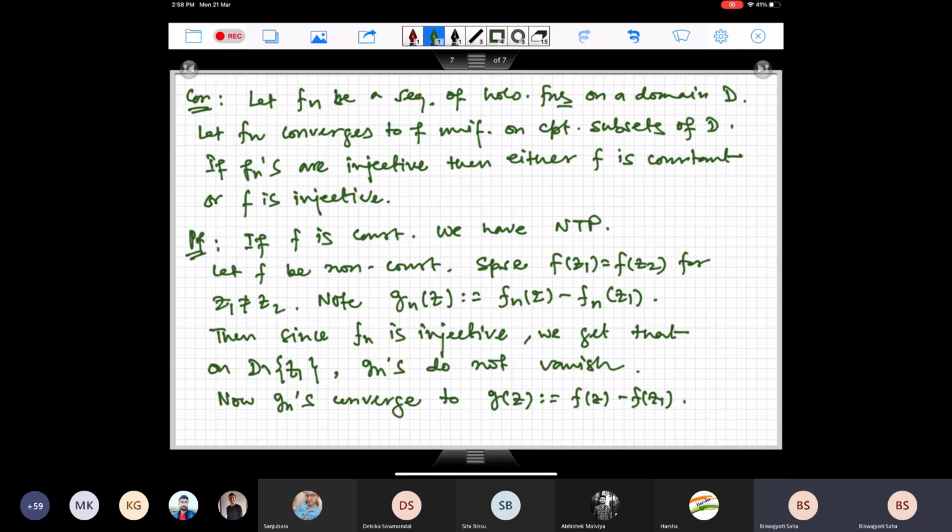Now what can I say about this g function? Does it vanish anywhere? No, sir. Look at the hypothesis and then tell me. Does it vanish anywhere on D minus z1? Yes, sir, at z2. There is z2 here. Yes, g of z2 is equal to 0 as f of z1 is equal to f of z2. Okay, now I have a sequence. Here I should write uniformly on compact subsets.